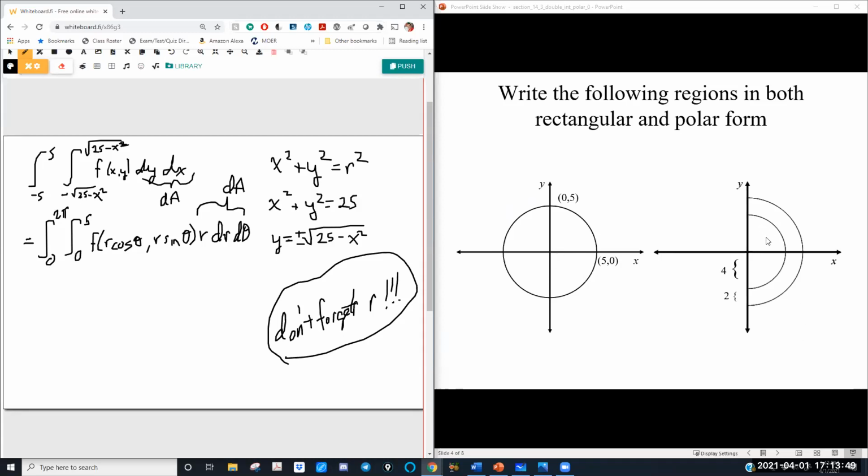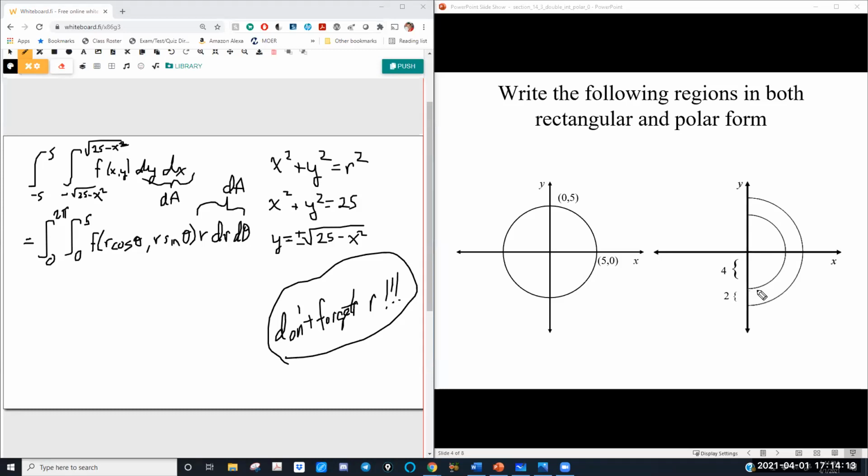Now here, when we have a disk, okay, so our region is this half a disk. Trust me when I say you don't even want to use rectangular for this, because we have to break this thing up all sorts of ways. And this thing would get really messy, because we talked the other day about a definite left or a definite right or a definite top and a definite bottom.